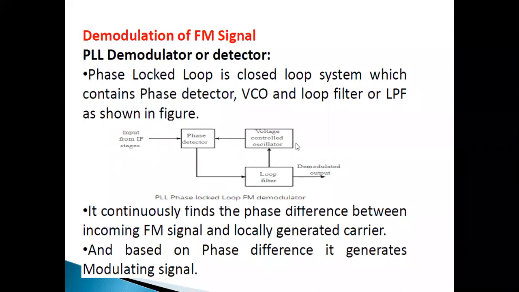The voltage controlled oscillator, that is VCO, maintains a constant output at the end of the circuit. Then in the loop filter, any unwanted information is eliminated by the low pass filter, that is the integrator. Finally, we get the modulating signal, which is represented as the demodulated output.